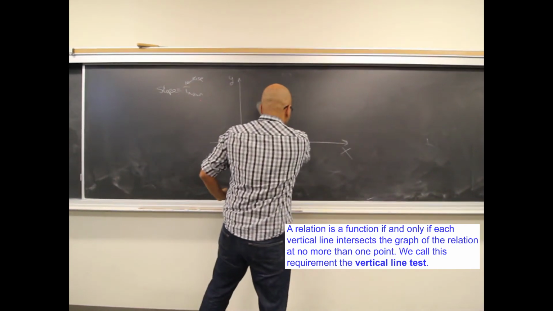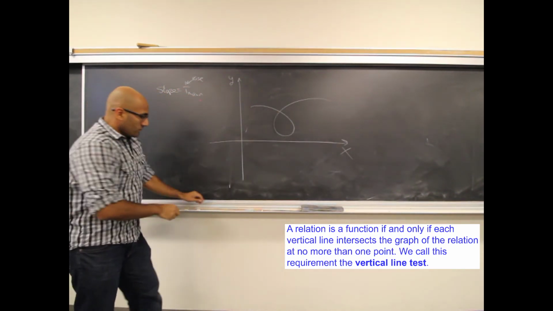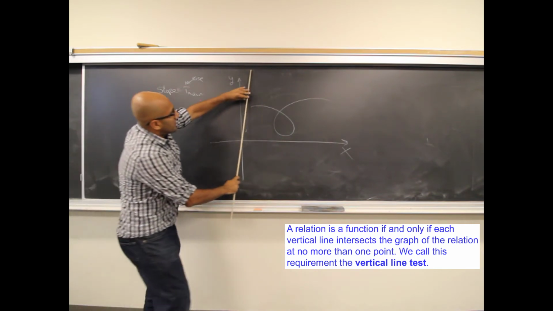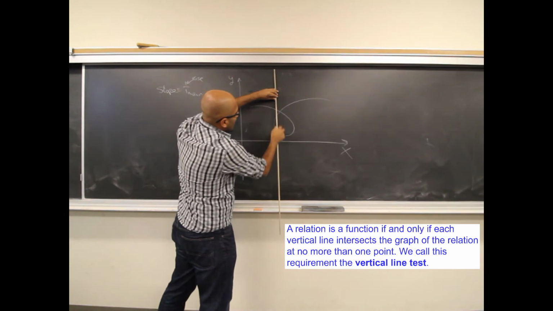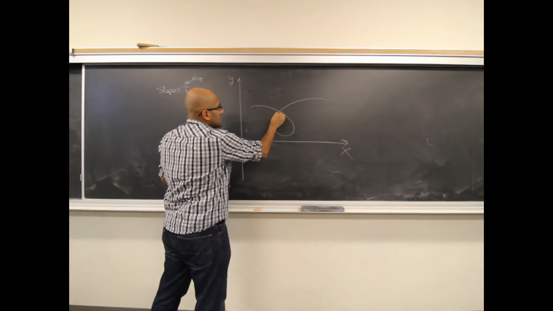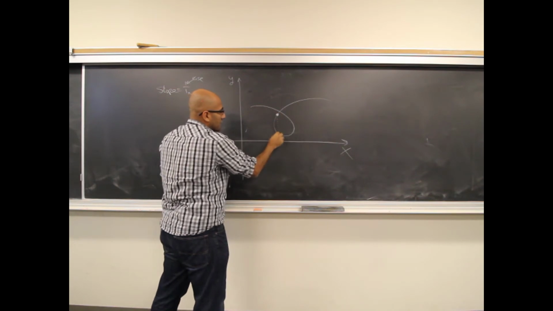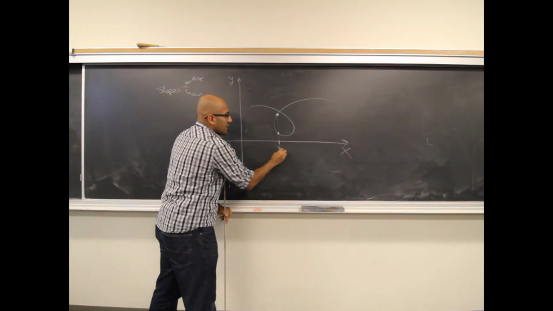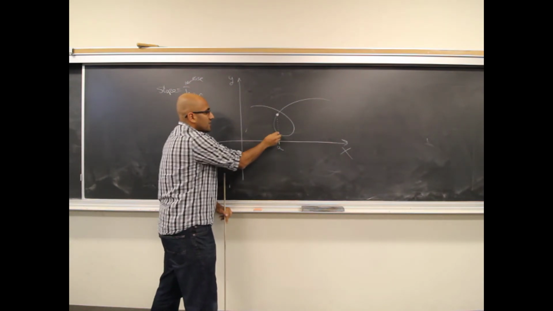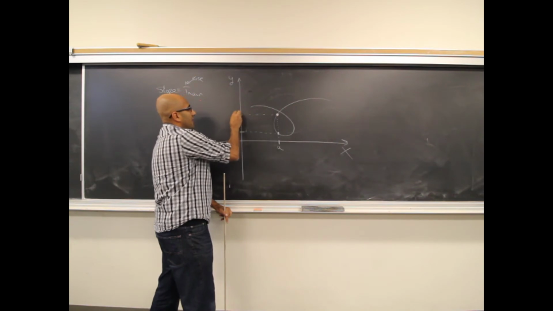What about something that does this? It's not a function because, okay, we're good here. It only touches at one point, only touches at one point, only touches... we have problems. For instance, right there and right there, these 2 points are right on top of each other, and they're connected to that point on the x-axis. There is some value a along the x-axis that leads to some value b and some value c.